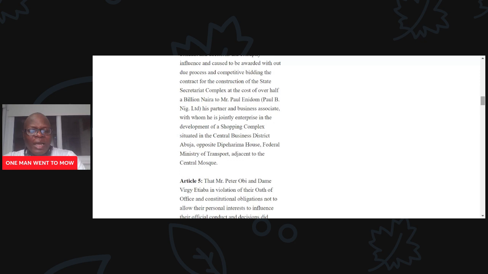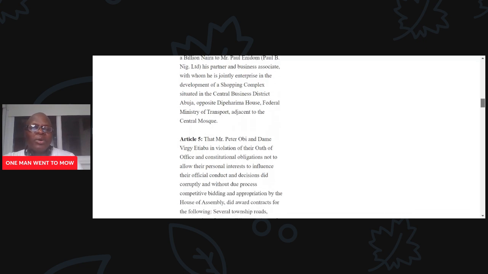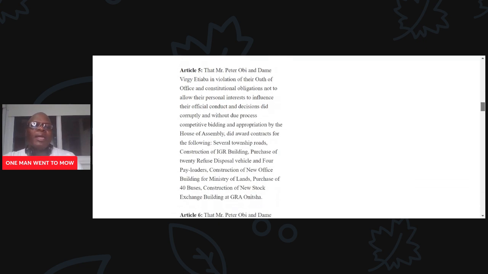So you can, in today's currency, transmute that to say 300 billion naira. So that would be the equivalency. So to award that huge sum of money contract without due process to your most intimate business partner. So sharp practice, no. Corruption, you tell me.